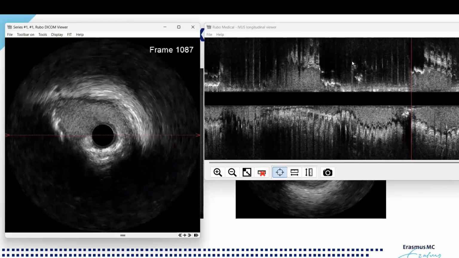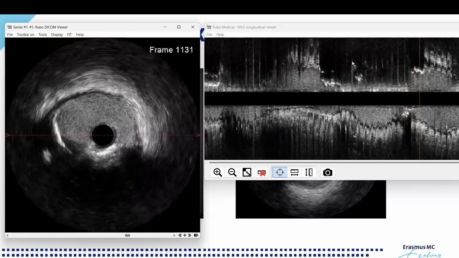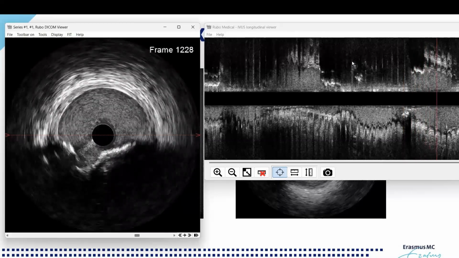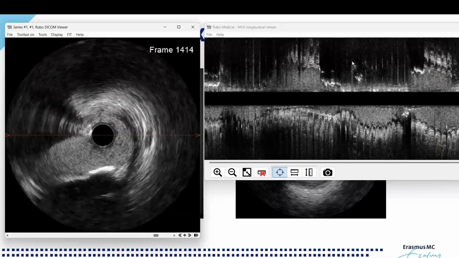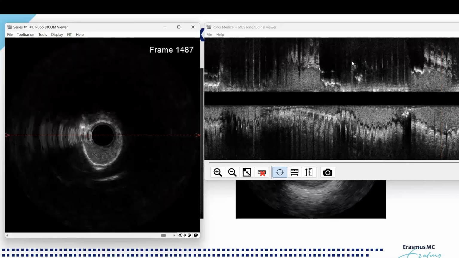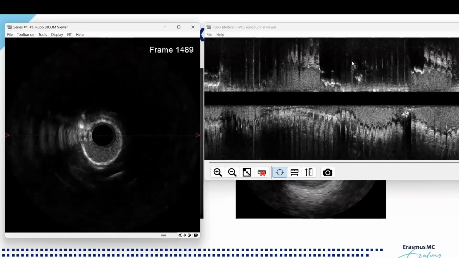The difference in here is that we do not see reverberation. It's completely black in here, and no extra line behind there. So this indicates that we have to do here with some thicker material. And more proximal, again, near the ostium. And here what we see is that the guiding catheter is quite selective, so we do not see the bifurcation with the LAD.